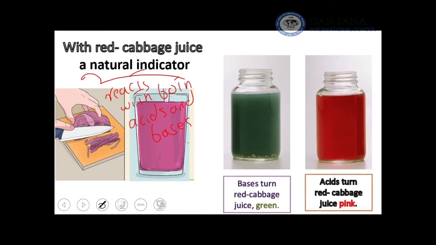If you mix it with an acid, it will change its color into pink. Okay? So this way, if you have a container of a certain solution and you don't know whether the solution is an acid or a base, you can use red cabbage juice to tell whether it's a base or an acid. So if you add the substance to red cabbage juice, it will change its color into green if it's a base and pink if it's an acid.